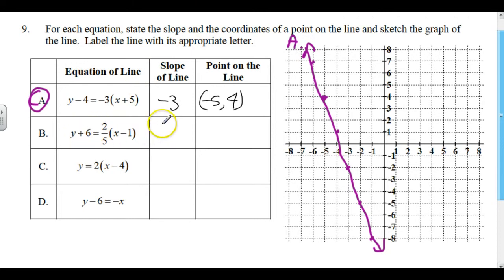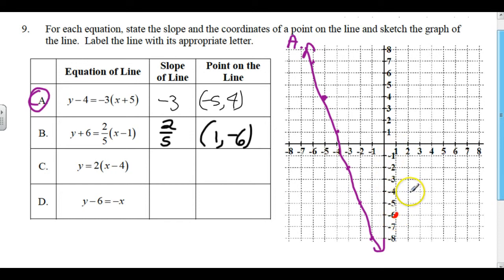y plus 6 is equal to 2/5, so the slope is 2/5. Okay, remember it's x minus x1, so x1 is positive. y minus, so we have opposite signs, so 1, negative 6 is my point, and the slope is 2/5.